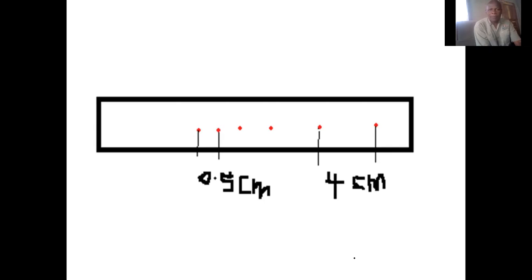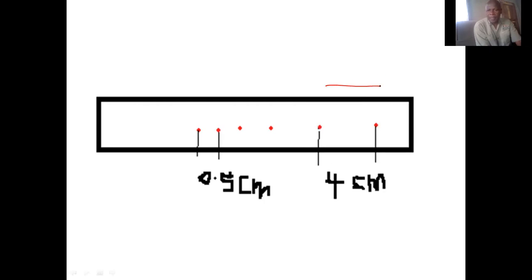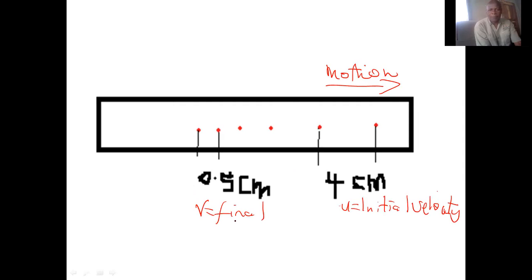It's important to know that the direction of the motion is in that direction. And so our initial velocity will be this one here, and our final velocity will be that one here.